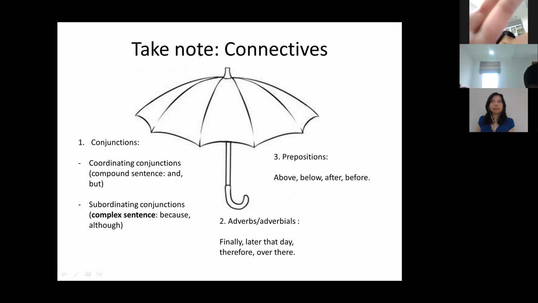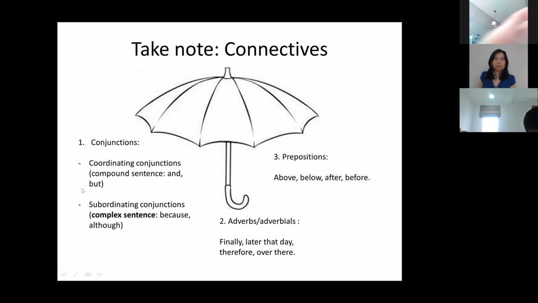Yes, Bella, you raised your hand. Yes, "one day" is also a connective, because "one day" is a part of adverbs. It is showing time. Yesterday we learned two connectives, time and logical.